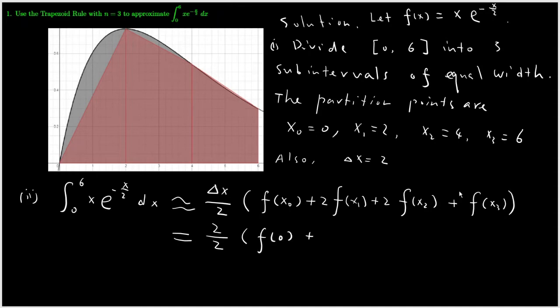Then plus 2 times the value of the function at x1 value is 2, right? And then plus 2 times the value of the function at x2. x2 value is 4. The value of the function at 4. And the last term is the value of the function at 6. x3 value is 6, right?